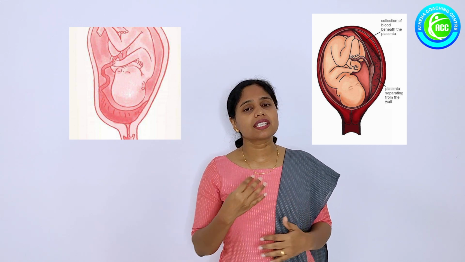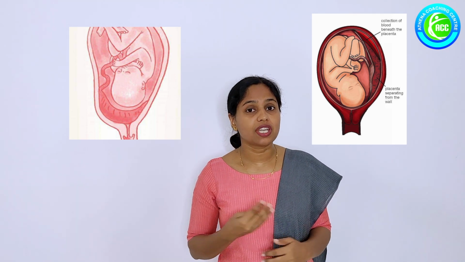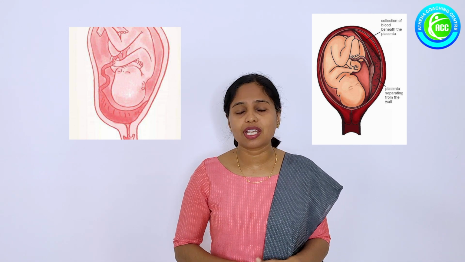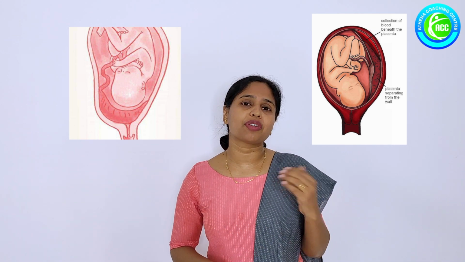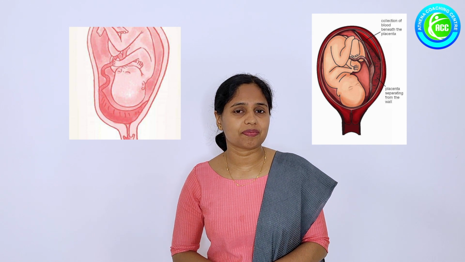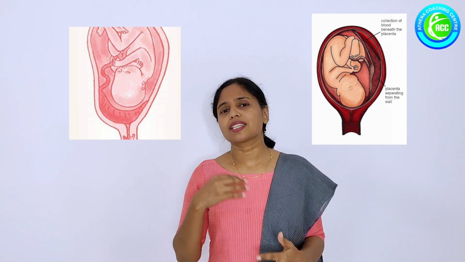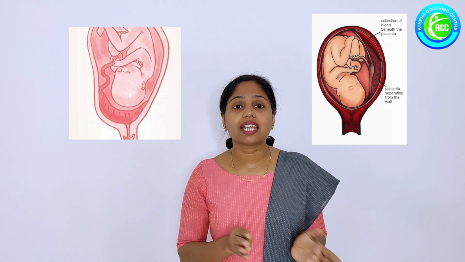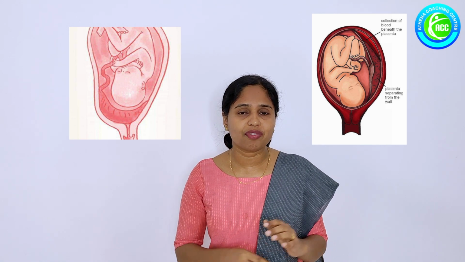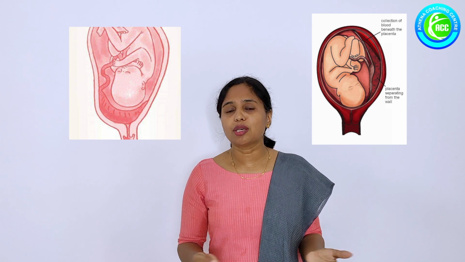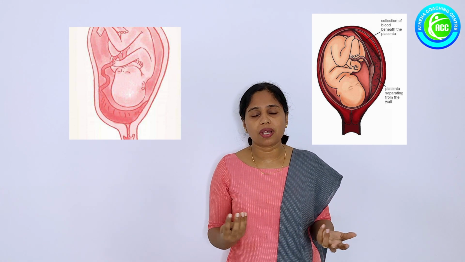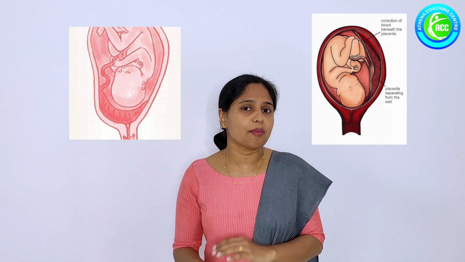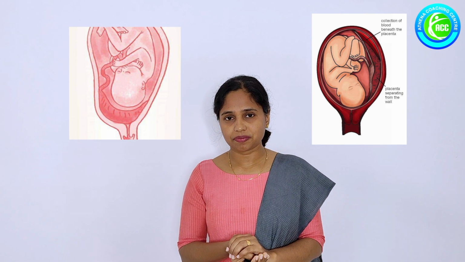The placenta helps the fetus to gain nutrients, oxygen as well as all necessary items from the mother. It usually gets detached at the end of labor. Once the baby is out, the placenta will separate from the uterine cavity and come out. That is normal.